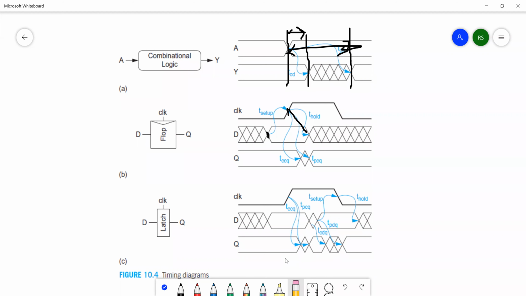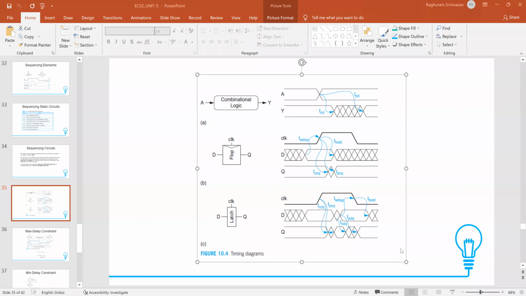These timing constraints we cannot violate, they have to be satisfied. So with all these timing constraints, what is the smallest clock period that is going to be possible such that all the timing constraints are satisfied? That is the next calculation that we're going to see, just a simple summation based on the waveforms.